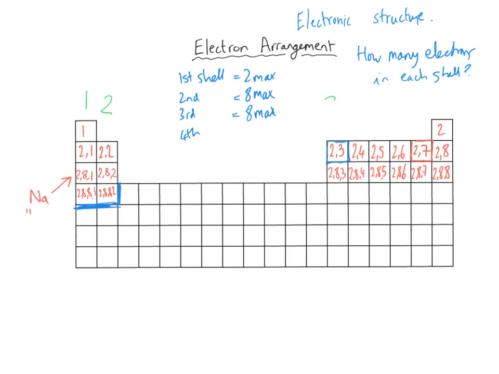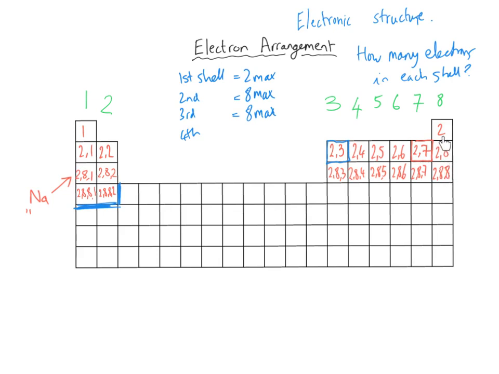Moving on to group 3, over here, they end in a 3, meaning that they have 3 electrons in their outer shell. Group 4 have got 4, group 5, group 6 and group 7 follow the pattern that you would expect. You can see why this group is often called group 8, because these 2 elements, their electron structures end in 8.